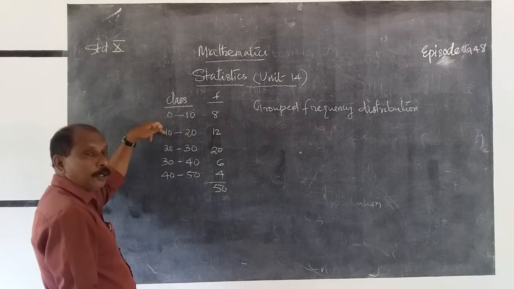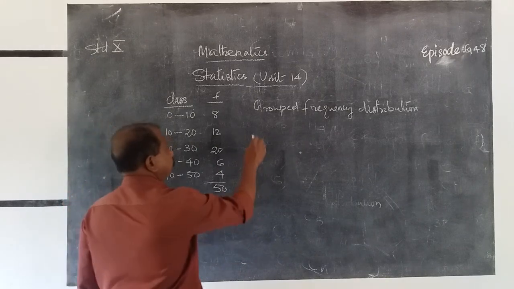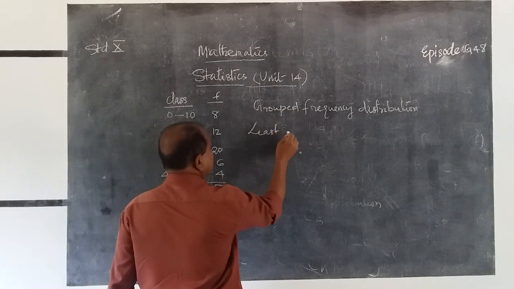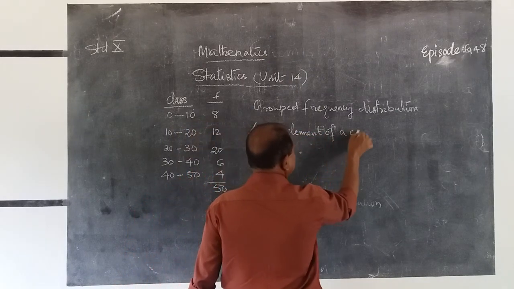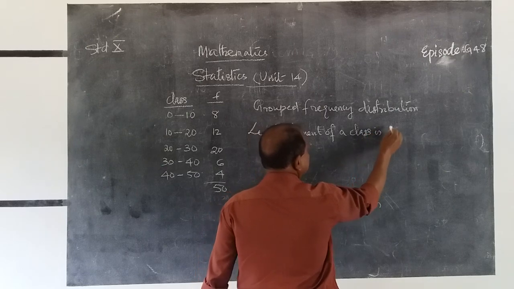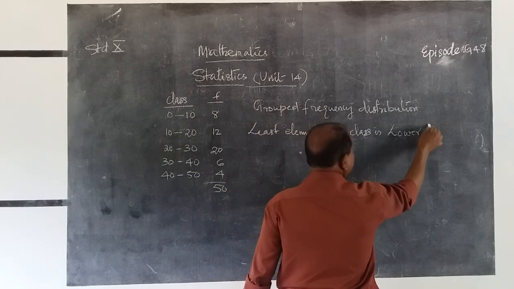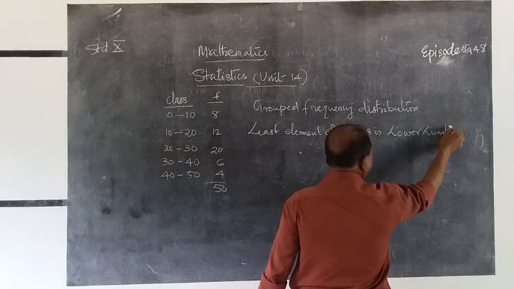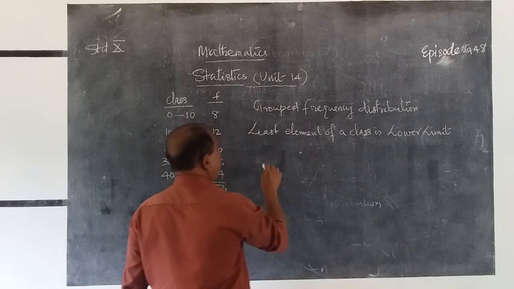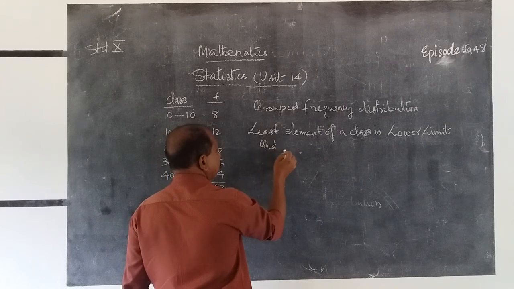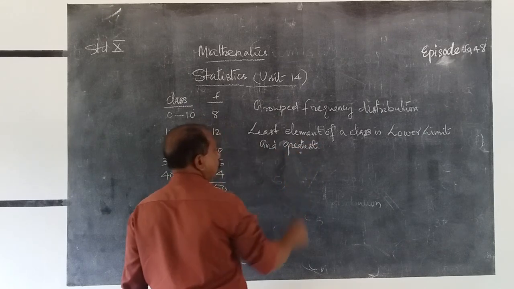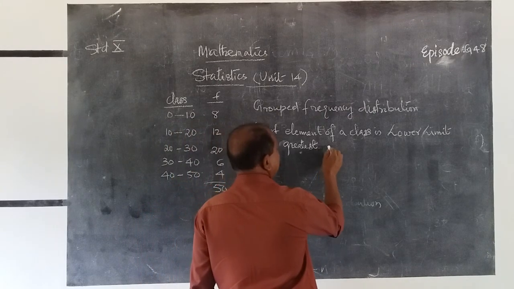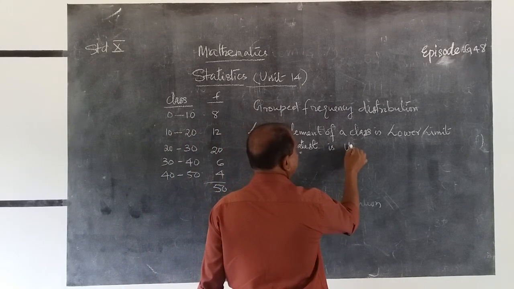Then the least element of a class is the lower limit, and the greatest is the upper limit.